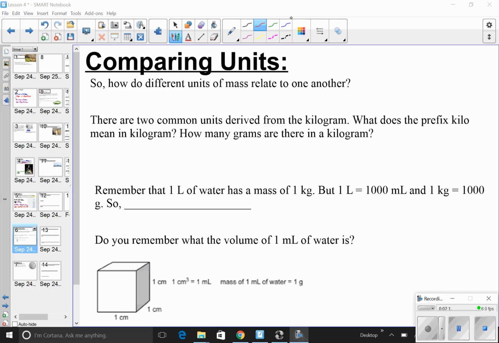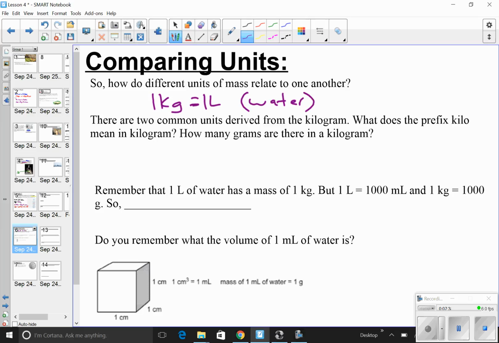Alright, so we said earlier that the SI system, or the metric system, likes the units to be interrelated. We said earlier that 1 kilogram is equal to the mass of 1 liter of water. Now, that is of water.